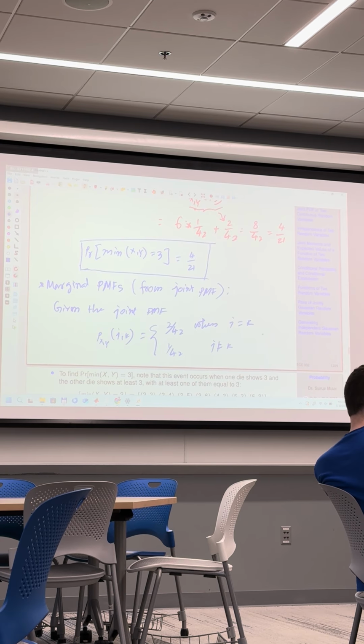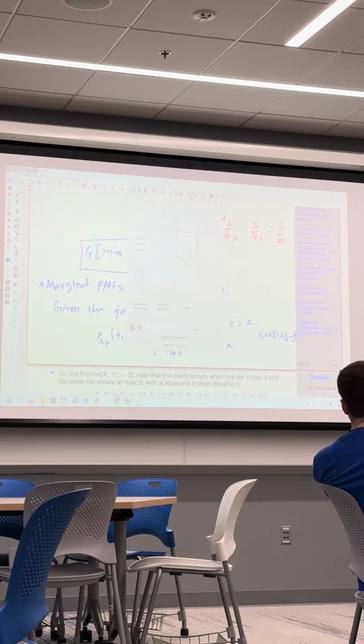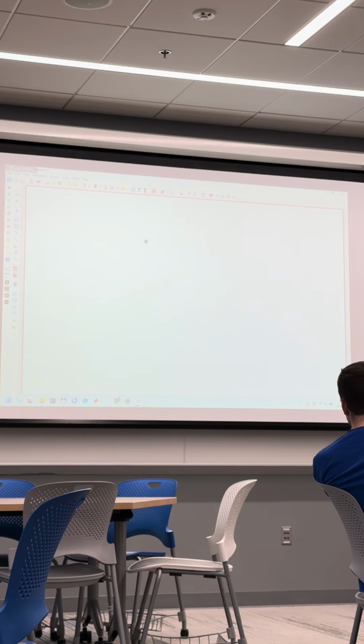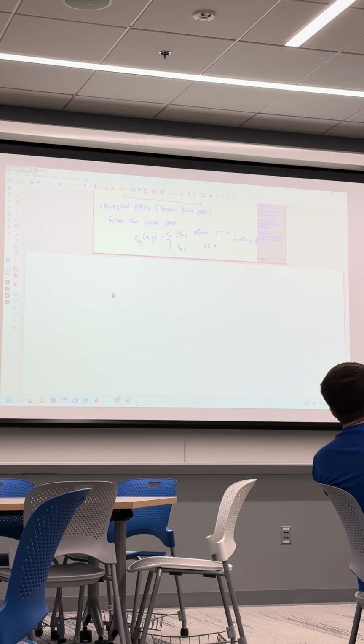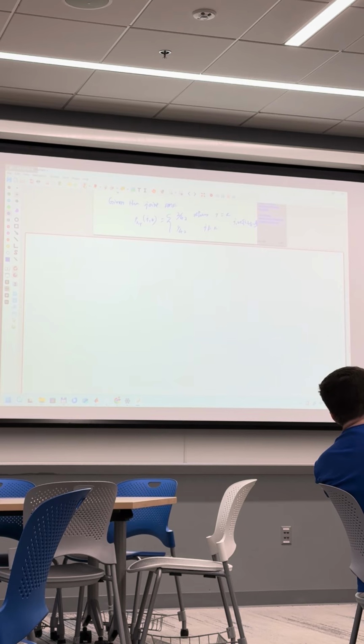So here j, k takes values from 1, 2, 3, dotted, comma 6. So in short, you can write the joint PMF as such. Now, marginal PMF, we have the formula.